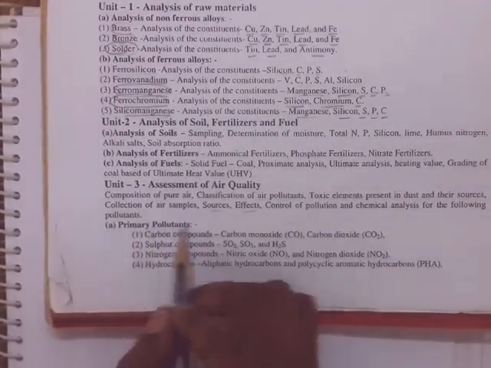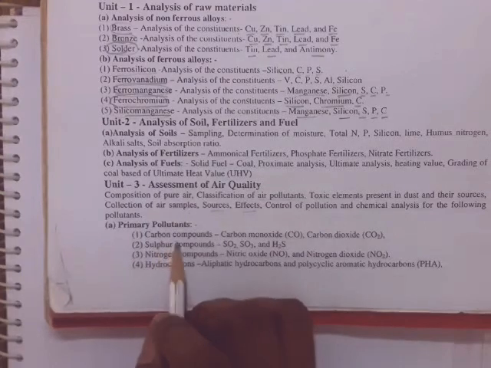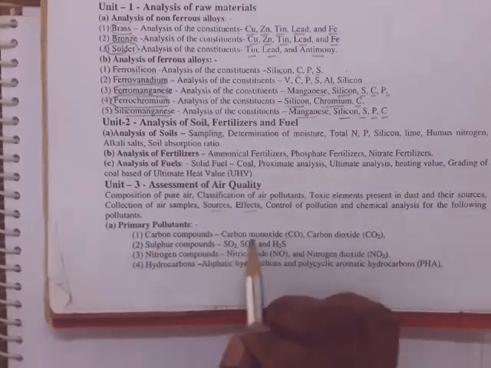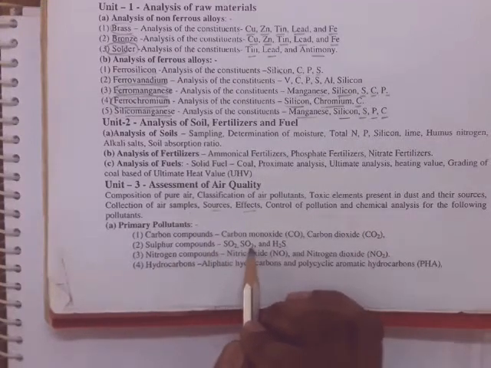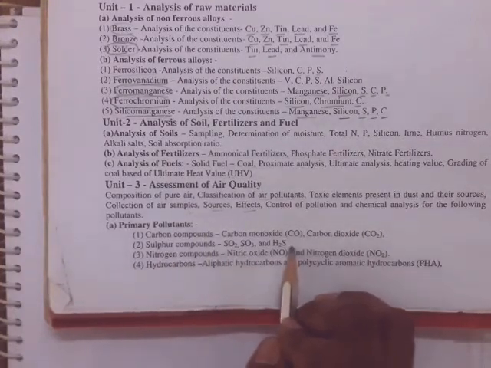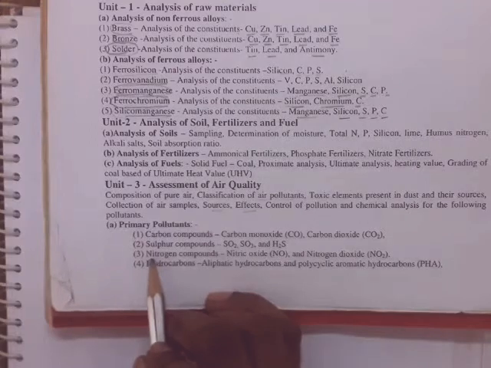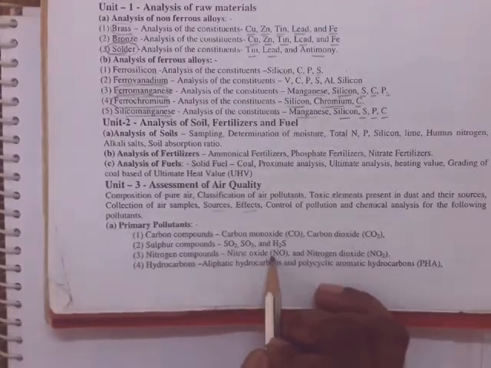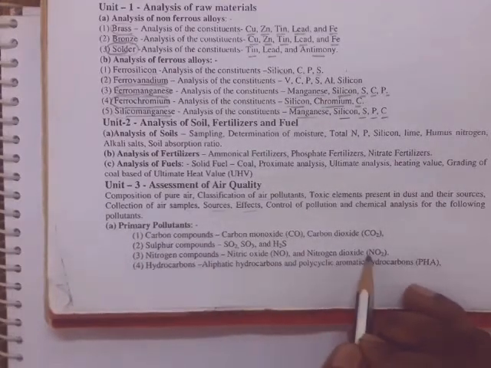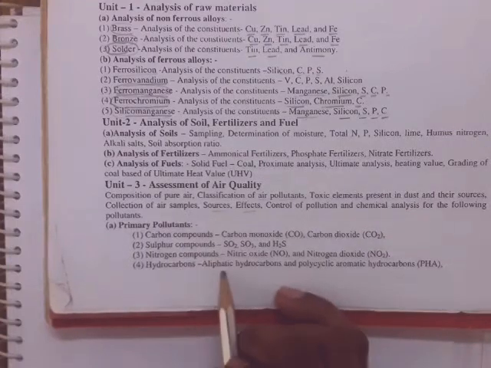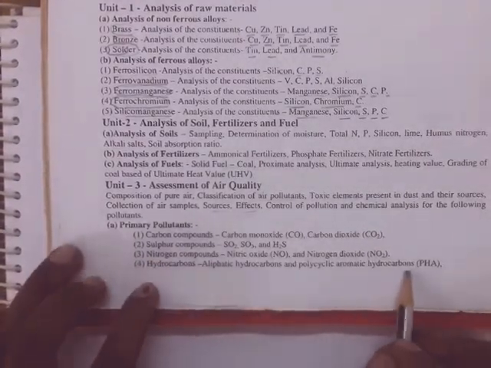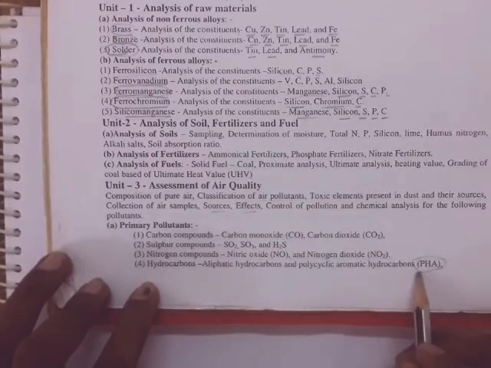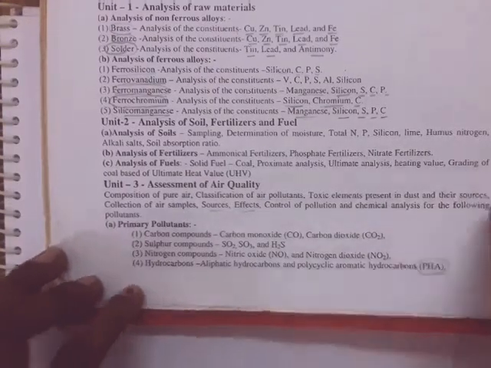They are primary pollutants. Primary pollutants, for example, carbon compounds like carbon monoxide, carbon dioxide, sulfur compounds, sulfur dioxide, sulfur trioxide and hydrogen sulfide. Nitrogen compounds, nitric oxide and nitrogen dioxide. Hydrocarbons, they are aliphatic hydrocarbons and polycyclic aromatic hydrocarbons, simply PAH.